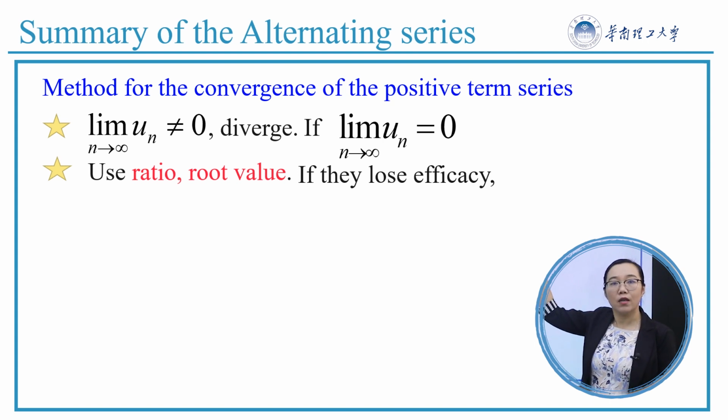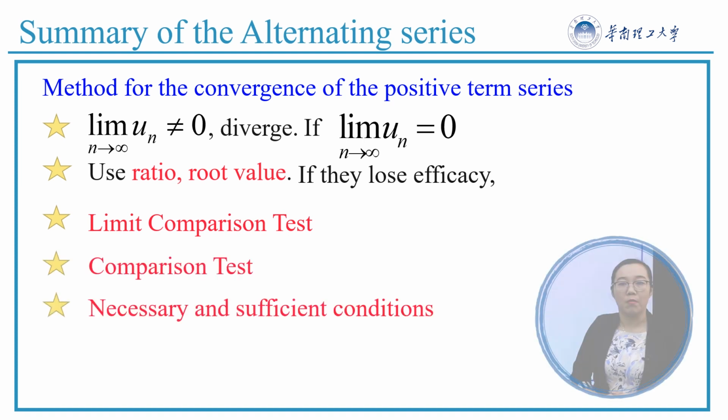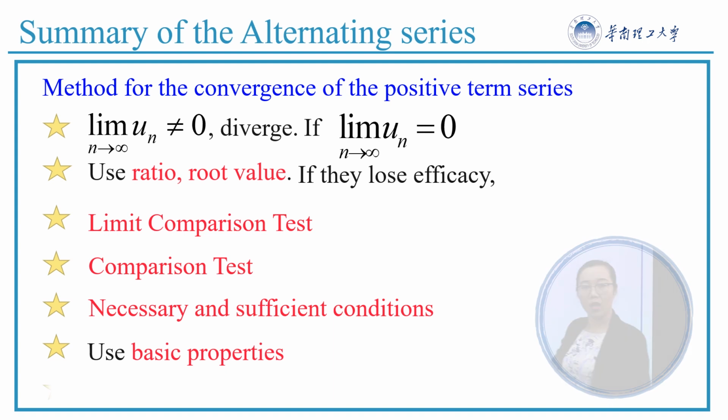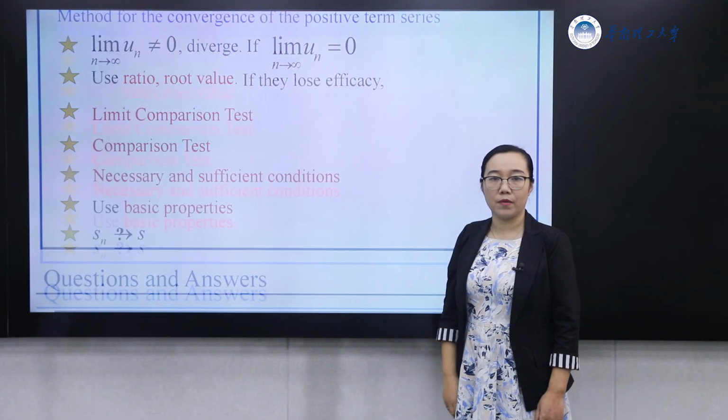If they lose efficacy, try the limit comparison test, comparison test, and necessary and sufficient conditions, and some basic properties. We can also find out whether the limit of Sn exists or not.